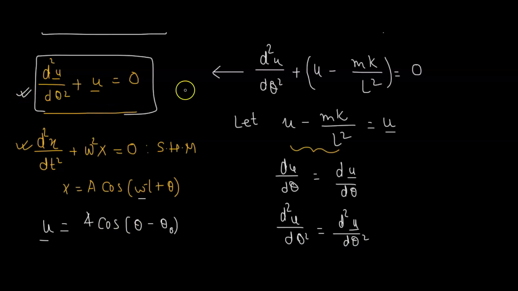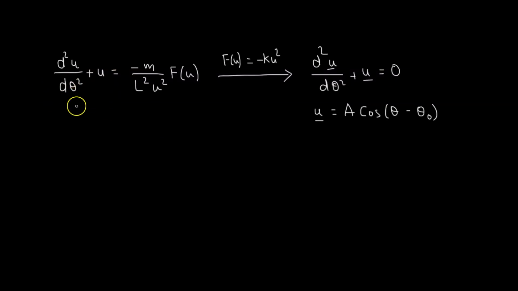So let's further understand this. We started out with this differential equation and we substituted the central force with negative k over r squared, which is the inverse square law, and then we obtained this particular differential equation, which is very similar to the differential equation for simple harmonic motion, and that yielded the solution u bar equals A cosine of theta minus theta naught.